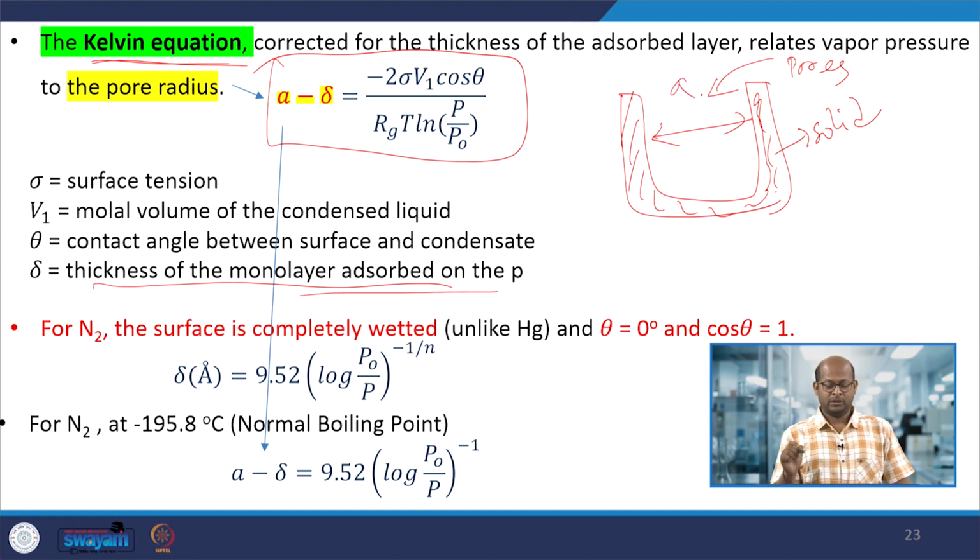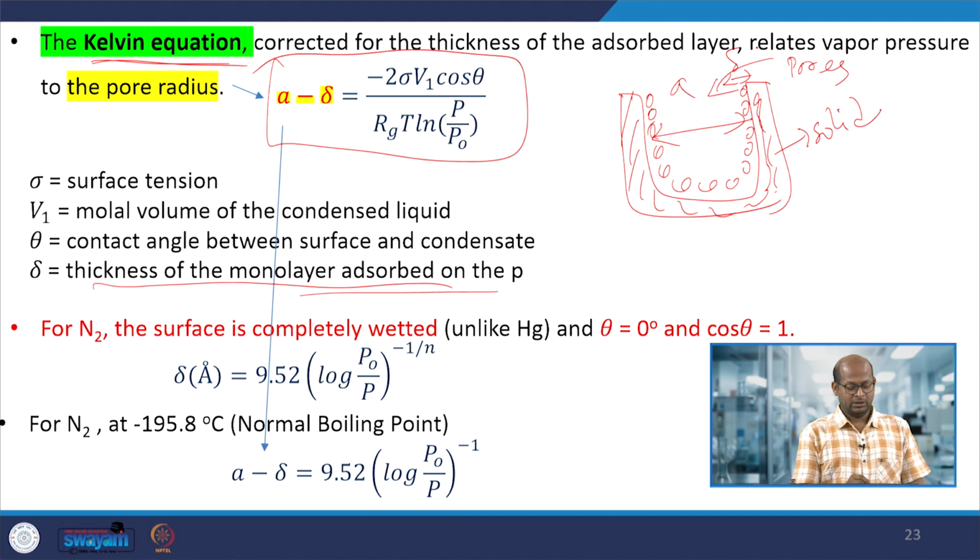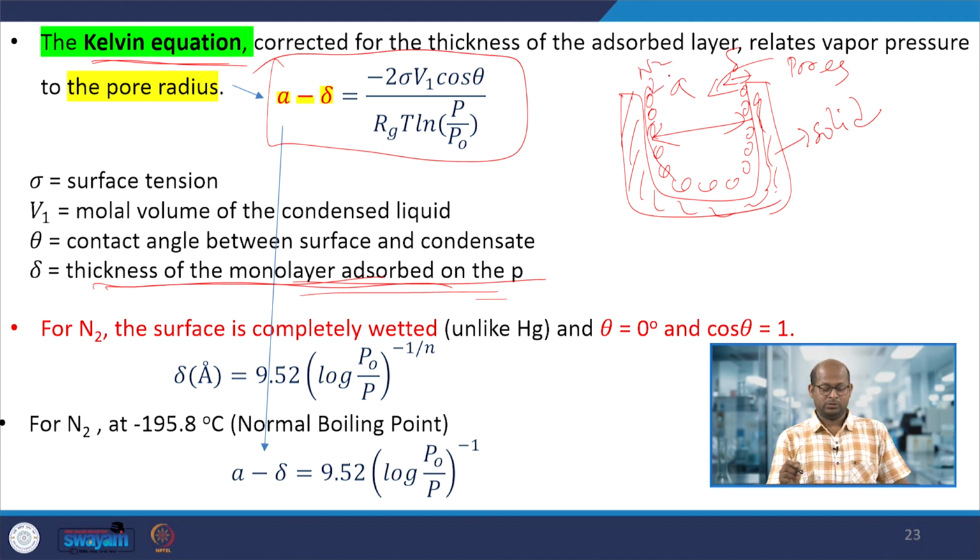When nitrogen molecules get adsorbed, a monolayer forms with some thickness delta, due to the nitrogen molecules. So this is balanced as A minus delta.